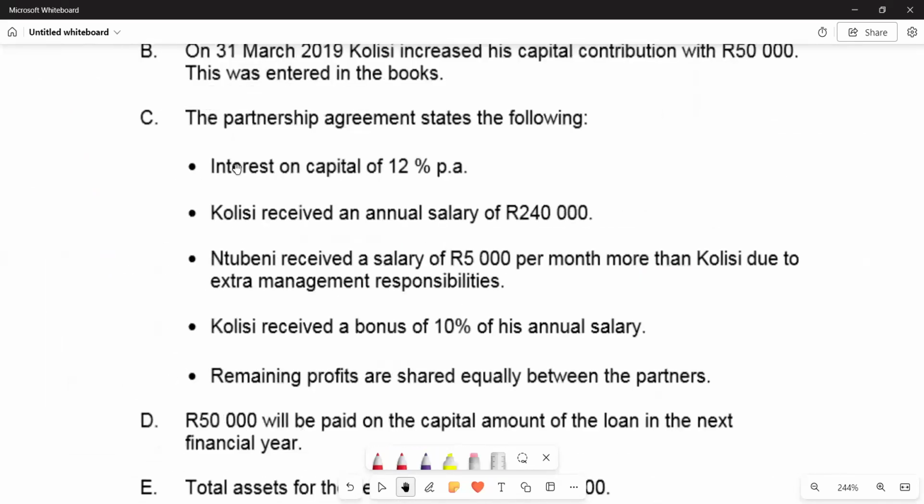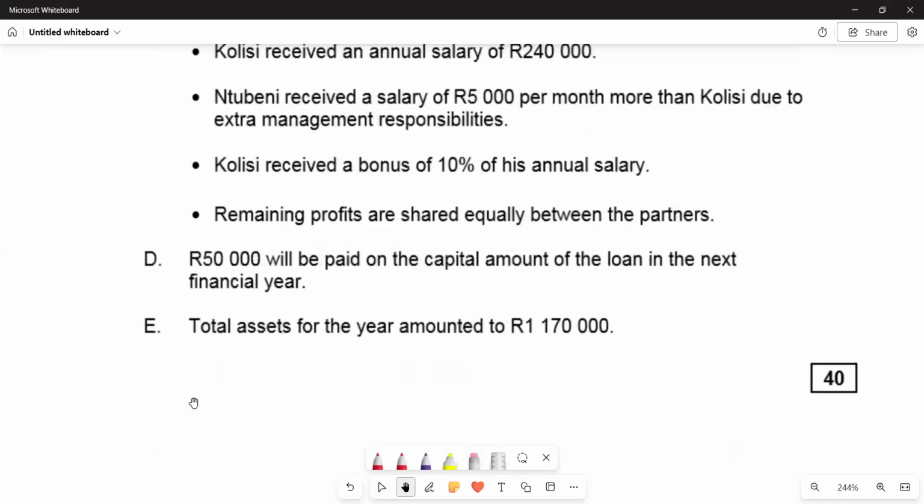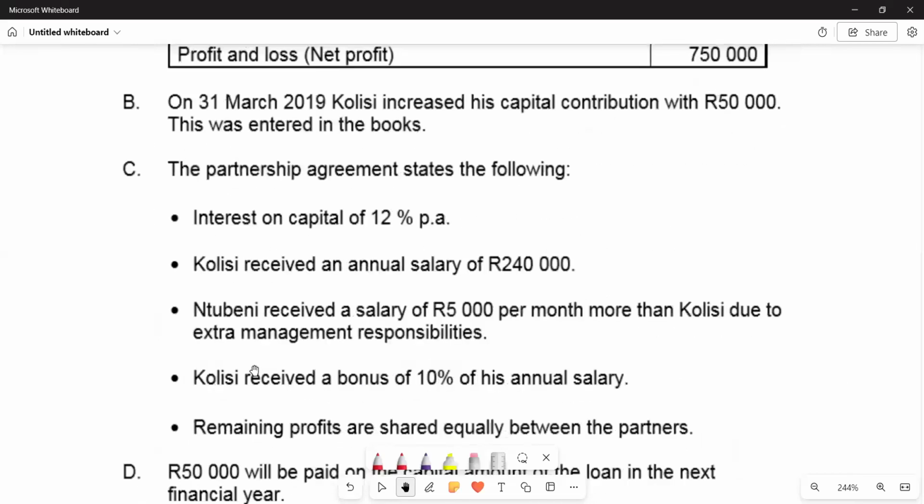You are also given further additional information, from information B to information E, that you need to go through before you start answering, especially the partnership agreement, which is stated in information C. The partnership agreement is very vital in the operations of a partnership, as it states the terms and conditions on which the partnership is going to operate. So you need to go through that as well.